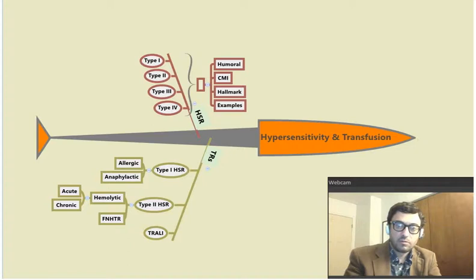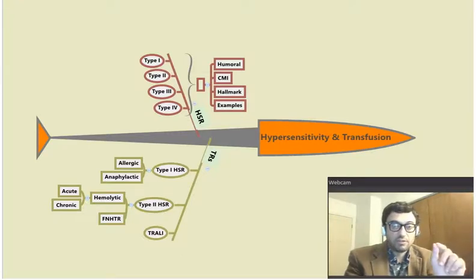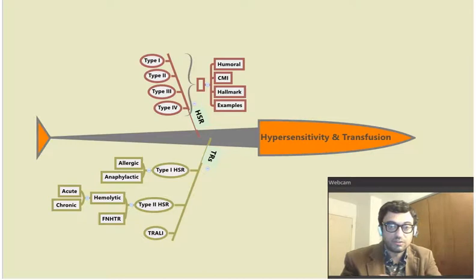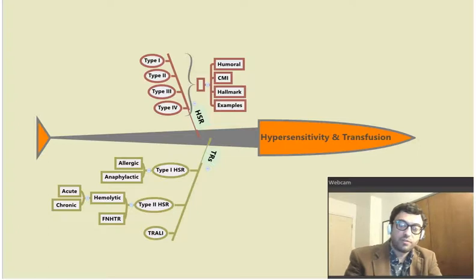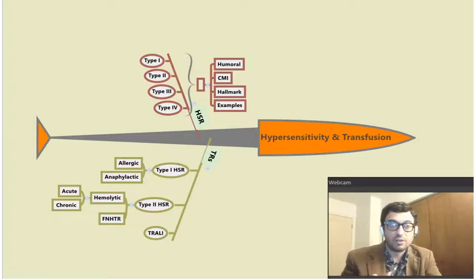What are the clinical manifestations of TRALI, or transfusion-related acute lung injury? Most important manifestation is a patient who develops hypoxia within 6 hours of a transfusion and is in respiratory distress. Considering the fact that respiratory distress could be seen in other types of transfusion reaction, how can we distinguish this TRALI from, for example, anaphylactic or other types of hypersensitivity reactions or transfusion reactions?